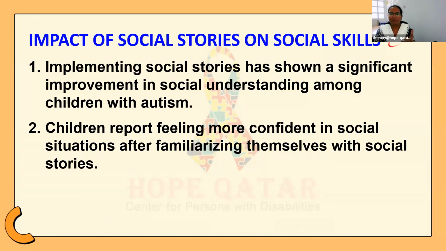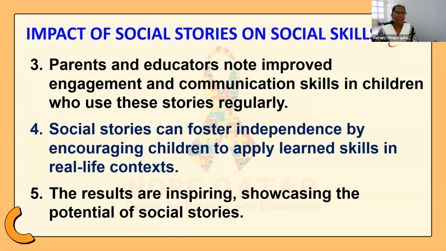Children report feeling more confident in social situations after familiarizing themselves with social stories. Parents and educators note improved engagement and communication skills in children who use these stories regularly. Social stories can foster independence by encouraging children to apply learned skills in real life contexts.